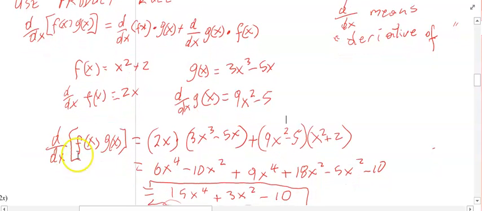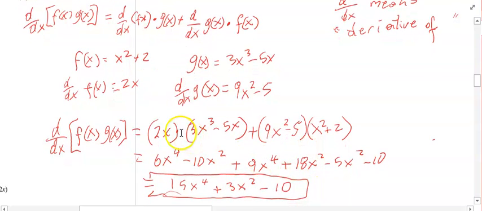The derivative of this product then would be the derivative of f(x), which is 2x, times g(x), everything in g(x), plus the derivative of g(x), which is 9x squared minus 5, times our f(x) function.